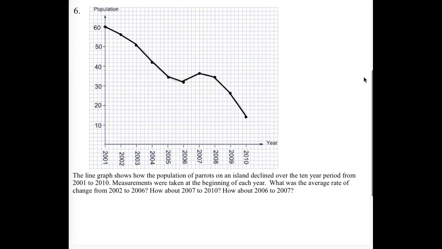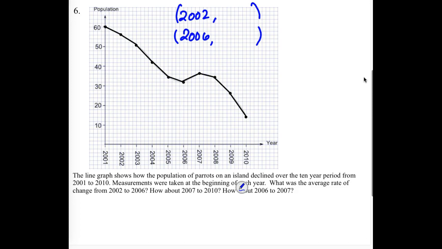Okay, so let's look at some of our data here. We are trying to look at the rate of change between the year 2002 and 2006. All right, so what are my y coordinates for those x values?